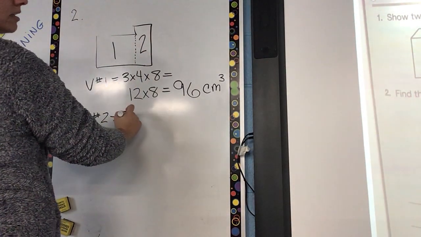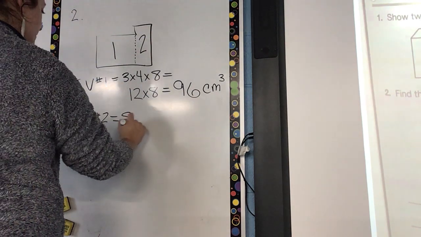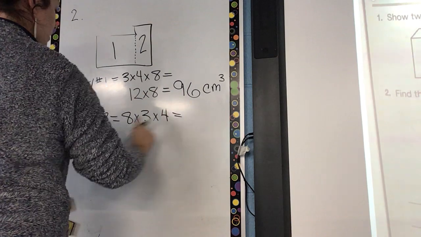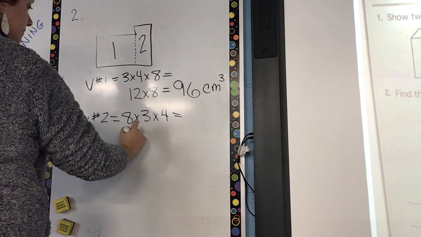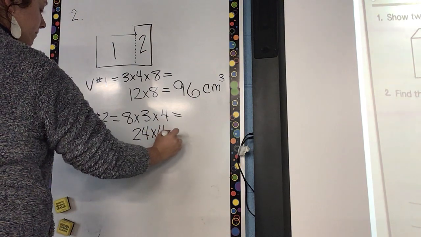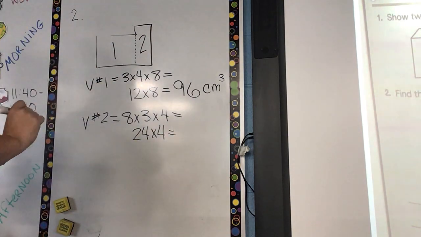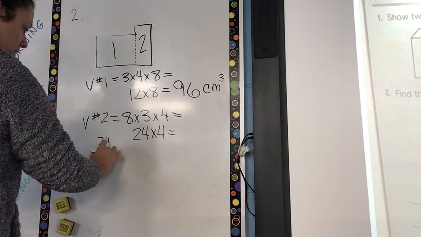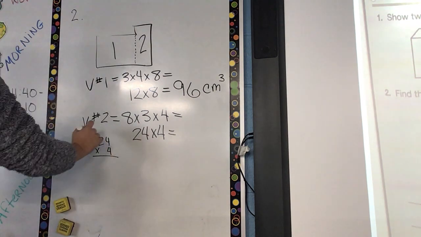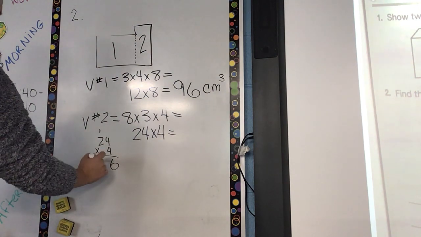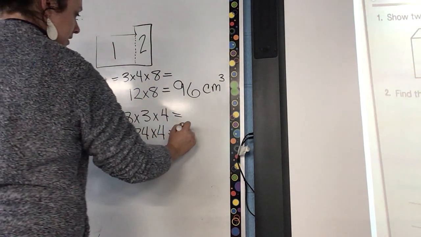What do we say? 8, 3, and 4. All right, what's 8 times 3? 24. What's 24 times 4? 4 times 4 is 16, 4 times 2 is 8, plus 1 is 9. 96.